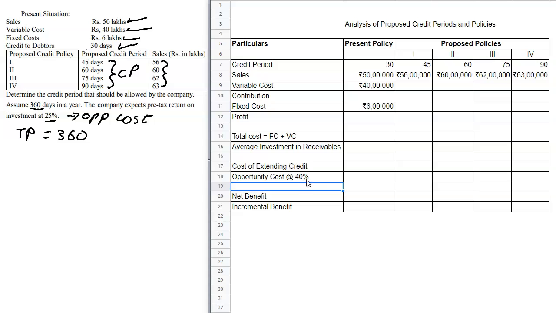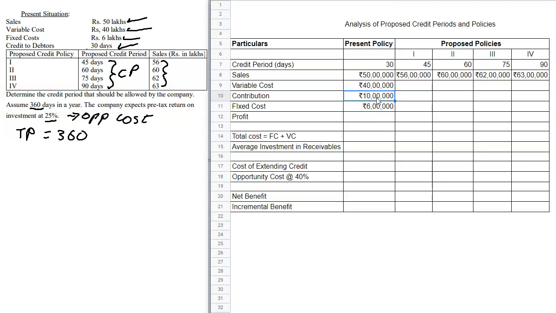Okay, so now going forward, we can mention the credit period in terms of days, and now we can start doing the math. I'm going to do the math for the present policy, and y'all are then going to do it for the remaining policies. We have sales minus variable cost gives us contribution. 50 lakhs minus 40 lakhs gives us 10 lakhs.